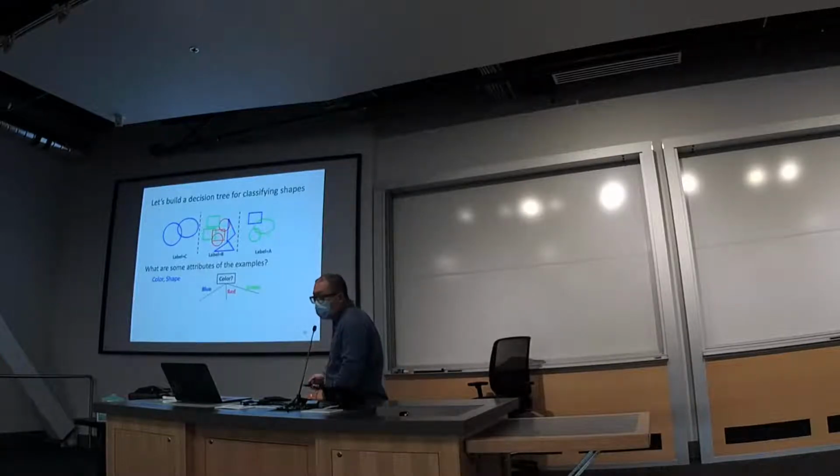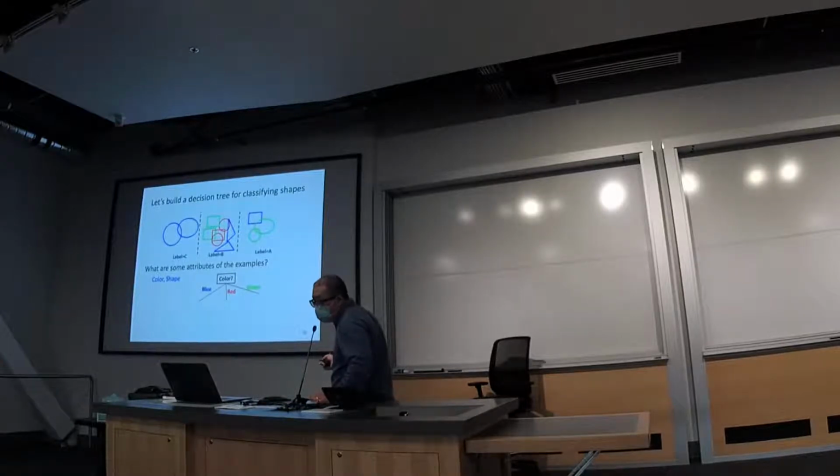Each subset contains the examples sharing the same color: blue, red, and green. So we can view this subset as all the blue shapes, the subset in the middle, all the red shapes, and the subset on the right, all the green shapes.